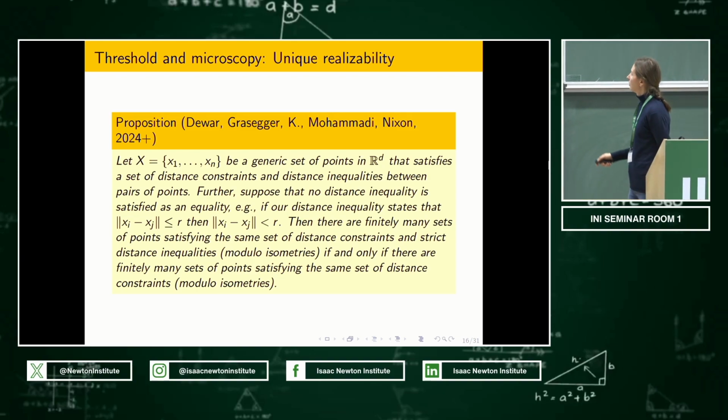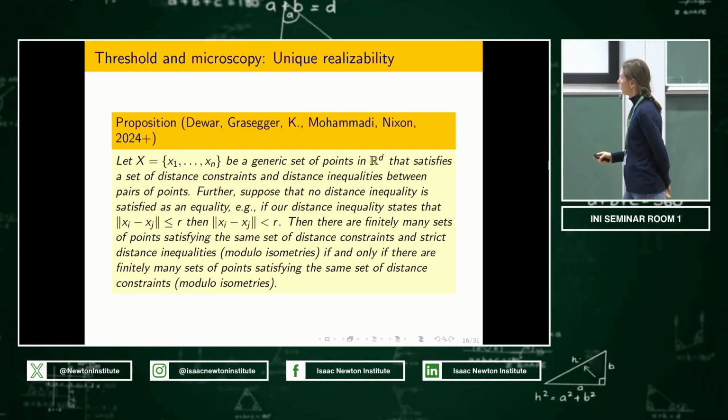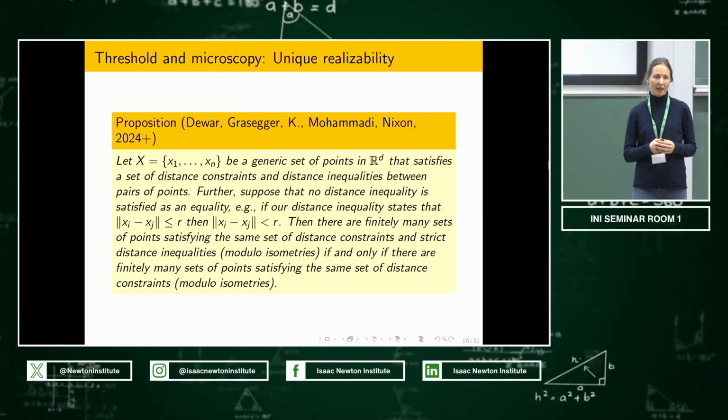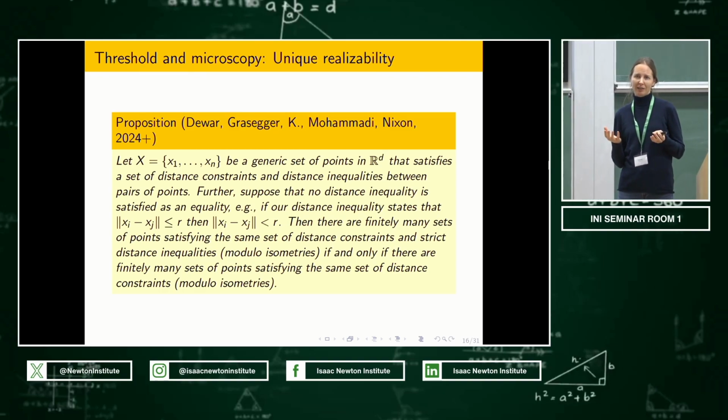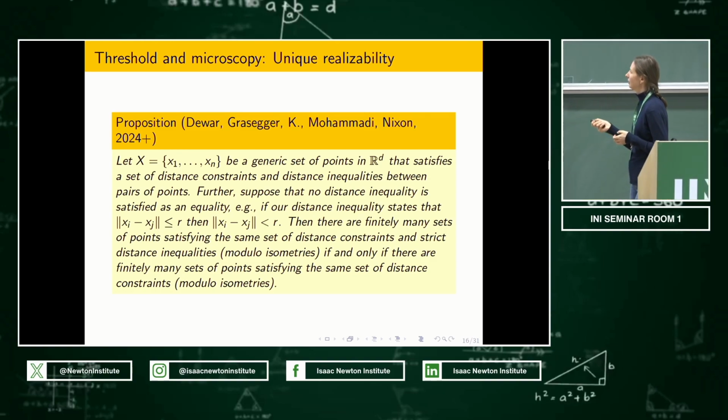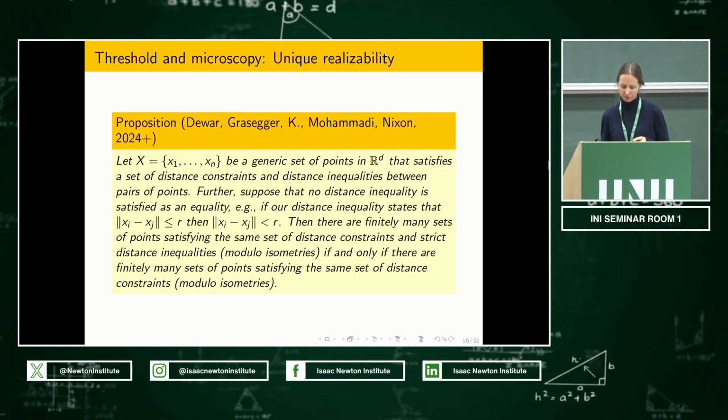Okay, so this is now a long proposition, but what it's saying is that inequalities by themselves can't get us from infinitely many configurations to finitely many configurations. So for this, we need the distance equality constraints.